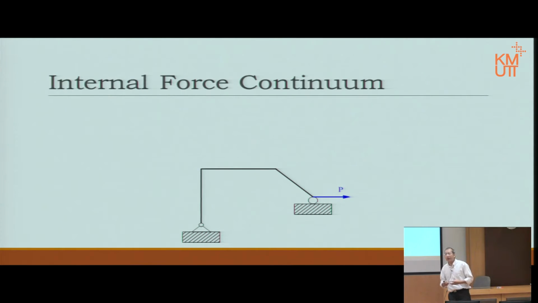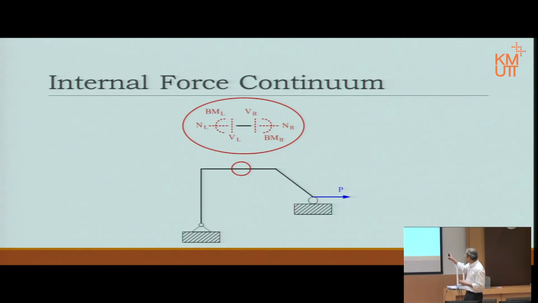However, with this kind of rigid jointed frame, notice that there are three members here for this frame. If we look at the continuum here, as in the case of one direction force continuum, then we will see that if there's no other external force acting on this cut, the shear force on the left hand side and on the right hand side should be equal and opposite.